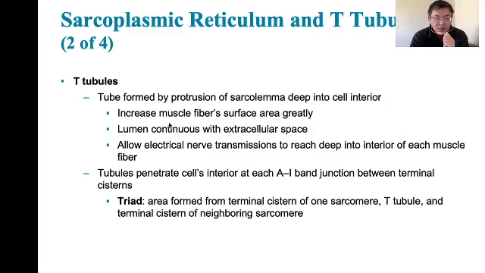So it can increase the muscle fiber's surface area to increase the efficiency of substance exchange, and can also allow the action potential to travel into the muscle fibers. So the T-tubule actually is connected with the extracellular space.